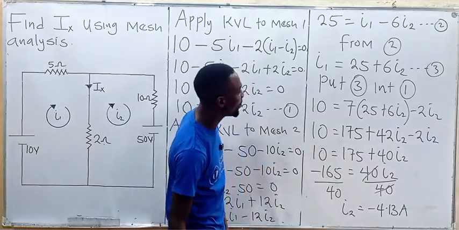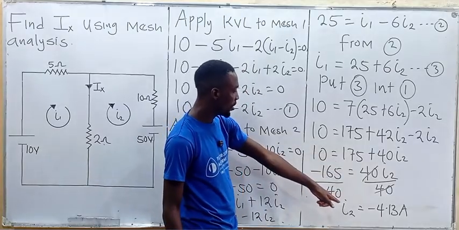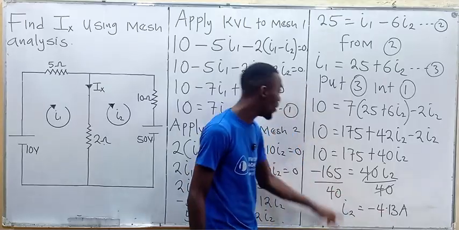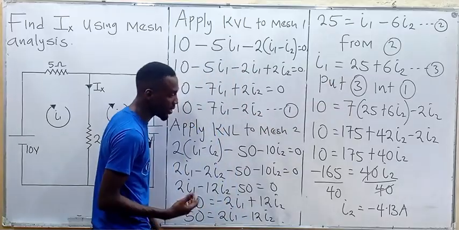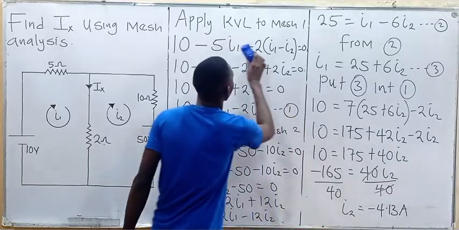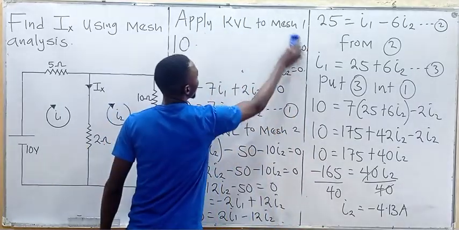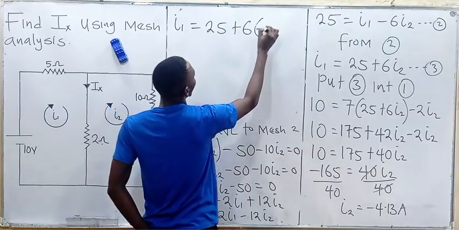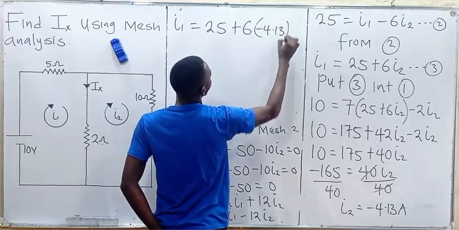All right, so from equation 3, if we substitute minus 4.13 for I2 in equation 3, so we can be able to evaluate our I1. All right, 25 plus 6 into I2, that is minus 4.13.